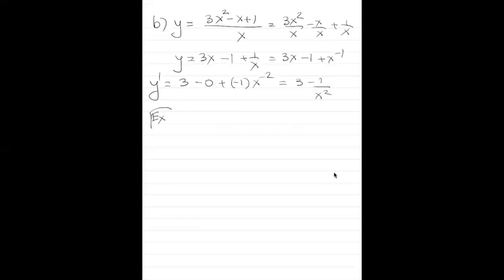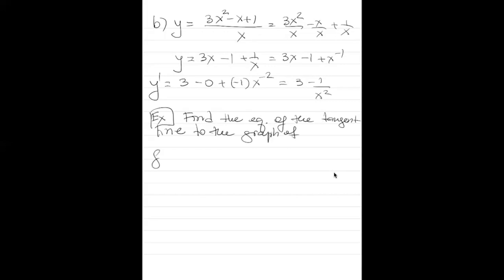Last example, find the equation of the tangent line. So far we've been finding the slope, but now we're going to go further and find the equation of the tangent line to the graph of g of x equals negative 1/2 x to the 4th plus 3x to the 3rd minus 2x at the point negative 1, negative 3 over 2.